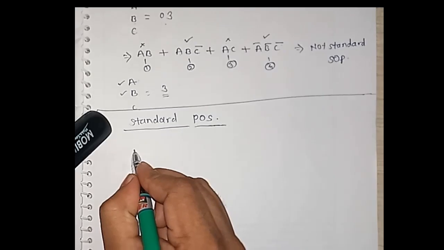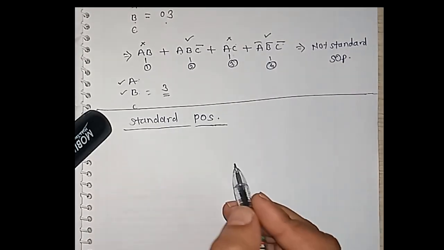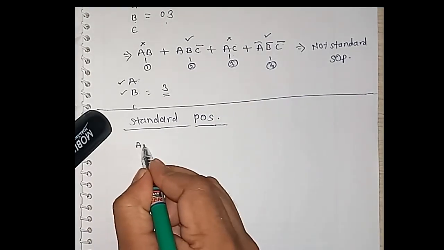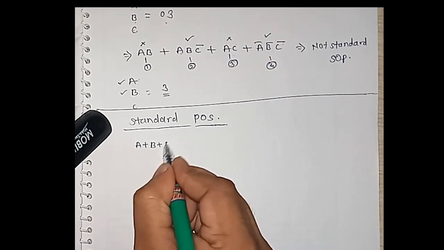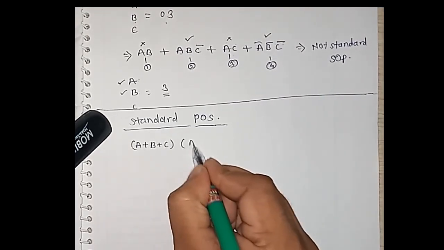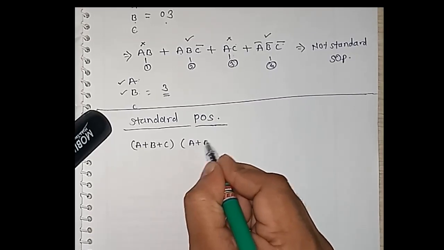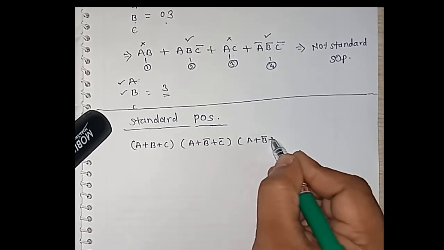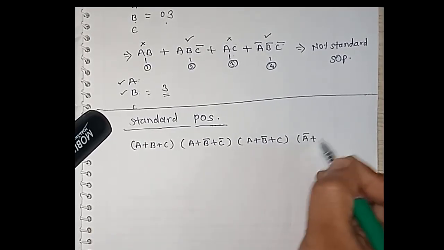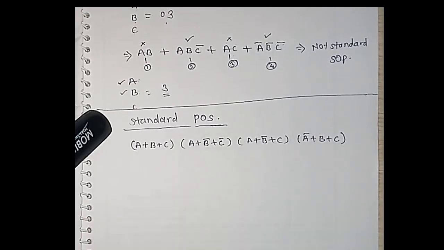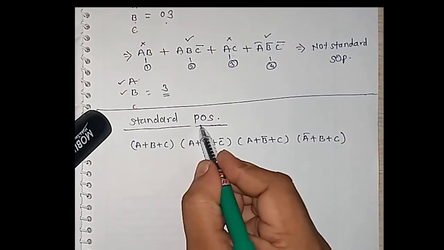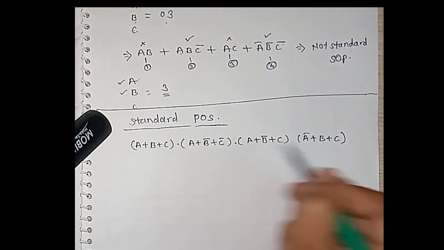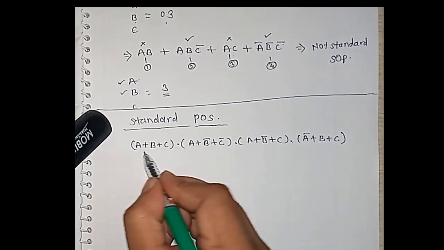Suppose we take an example of a POS equation. POS means product of sum terms. So suppose we take the example like A plus B plus C, then A plus B bar plus C bar, then A plus B bar plus C, then A bar plus B plus C. This is the type of POS equation, because here we have taken the product of these sum terms.